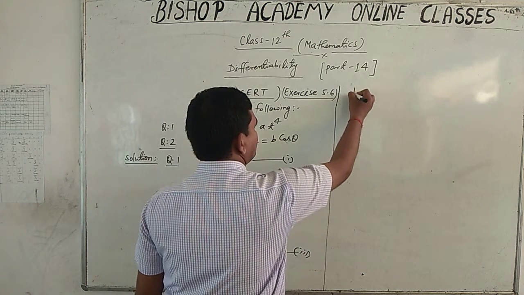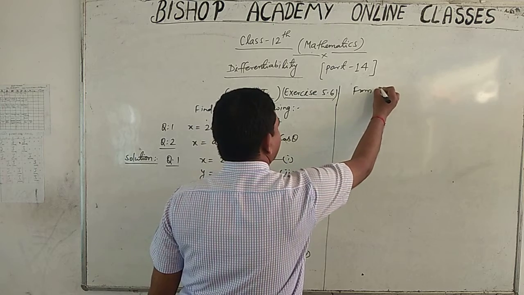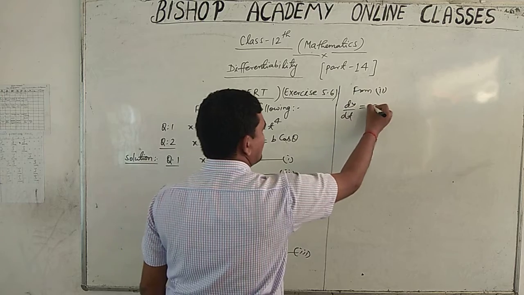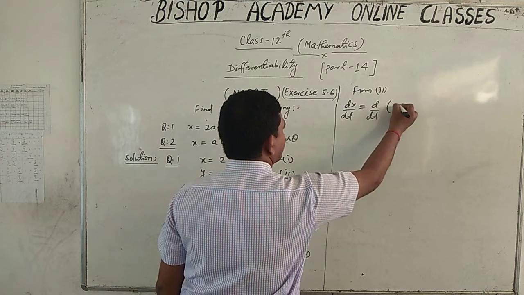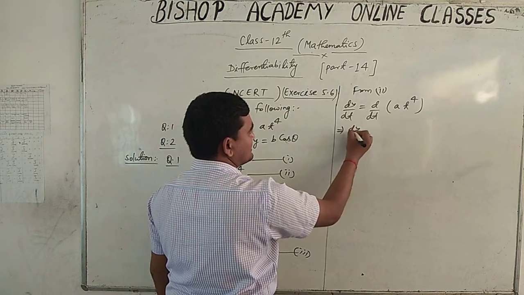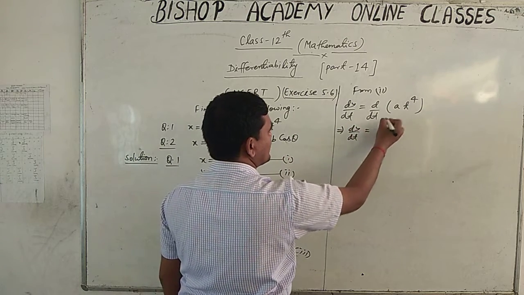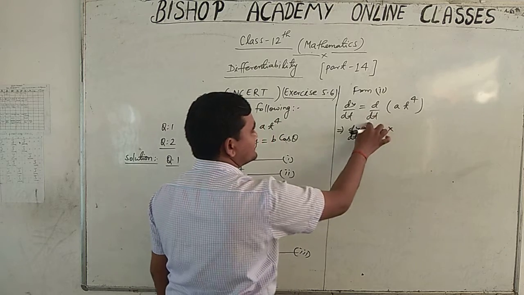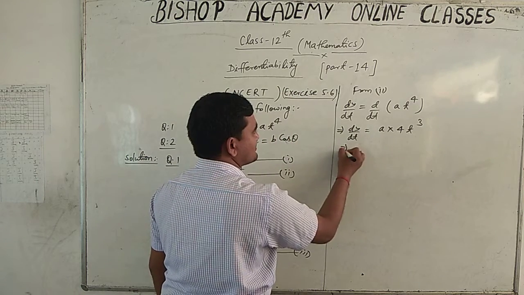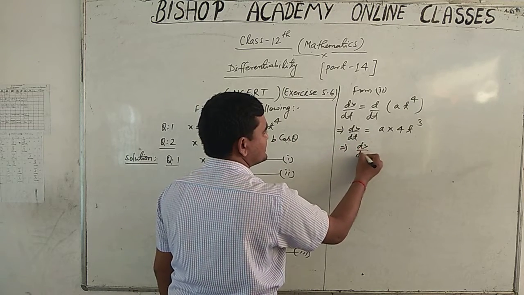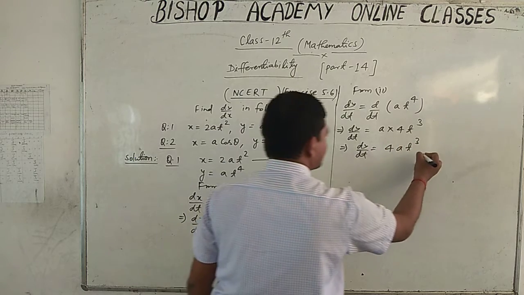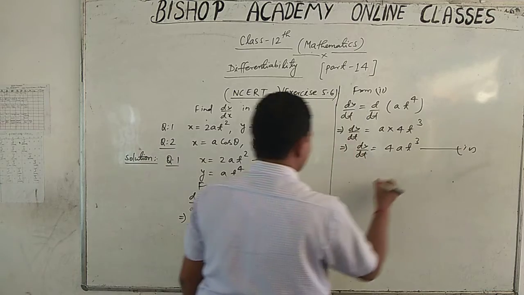Now from second we find dy by dt is equal to d by dt of a t raised to the power 4. This implies that dy by dt is equal to a d by dt of t raised to the power 4, which means 4t cube. This implies that dy by dt is equal to 4at cube. This is equation number 4.